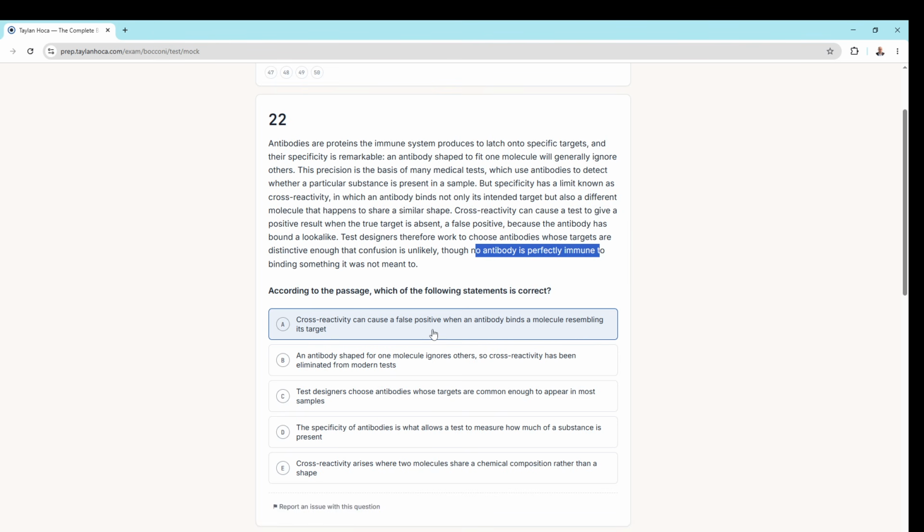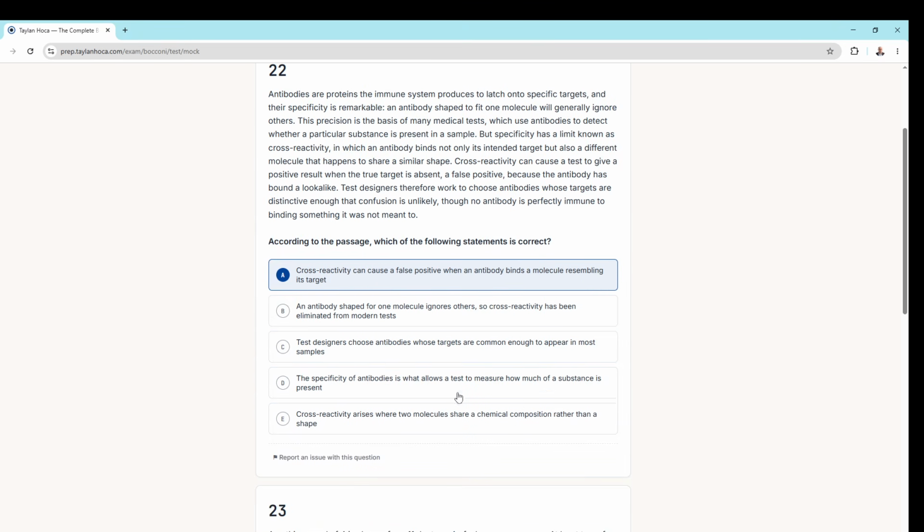Okay, cross-reactivity can cause a false positive when an antibody binds a molecule resembling its target. It seems quite correct. All right. Okay. An antibody shaped for one molecule ignores others, so cross-reactivity has been eliminated. No. Test designers choose antibodies whose targets are common enough. No. Specific enough. The specificity of antibodies is what allows a test to measure how much of a substance is present. No, I don't think so. This is the second half.